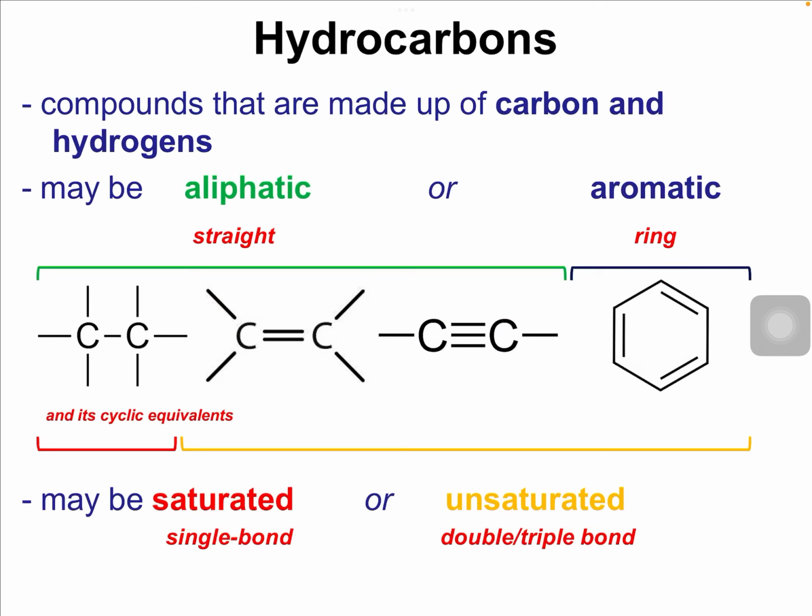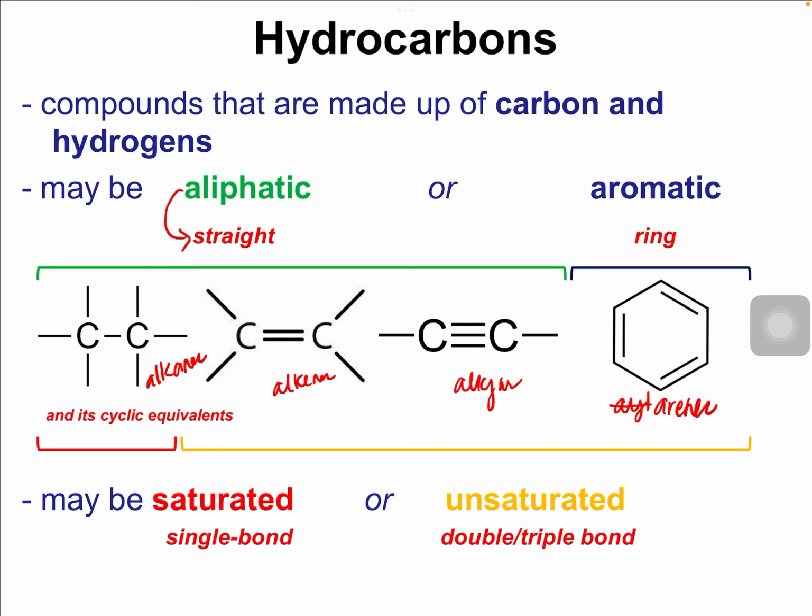Under hydrocarbons pala, we have your alkanes, alkenes, alkynes, and we have your arenes. Among the four, we can consider your alkanes, alkenes, and alkynes as aliphatic. When we say aliphatic, it is just straight chain.